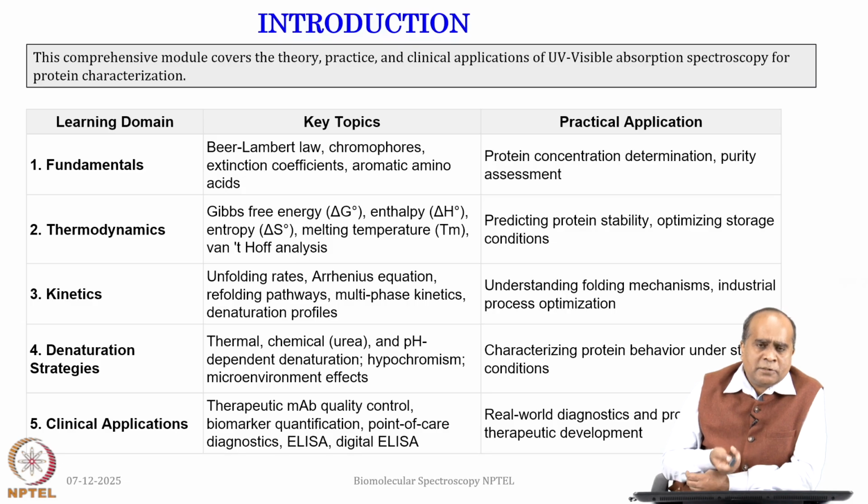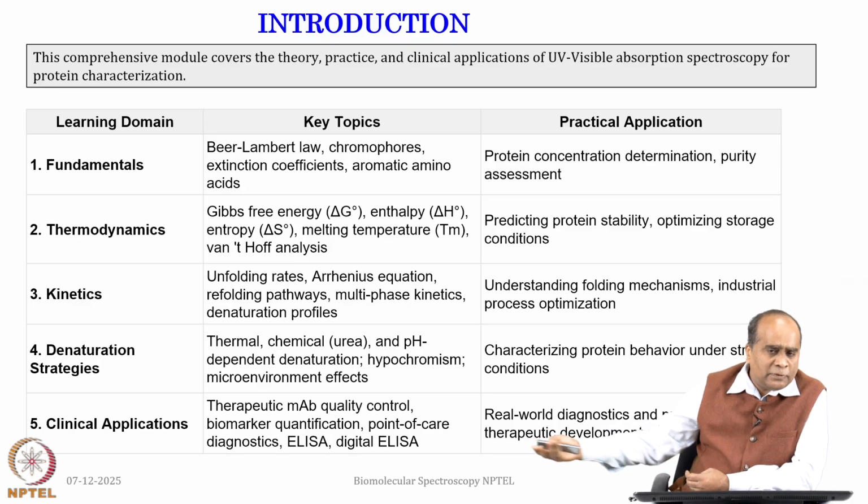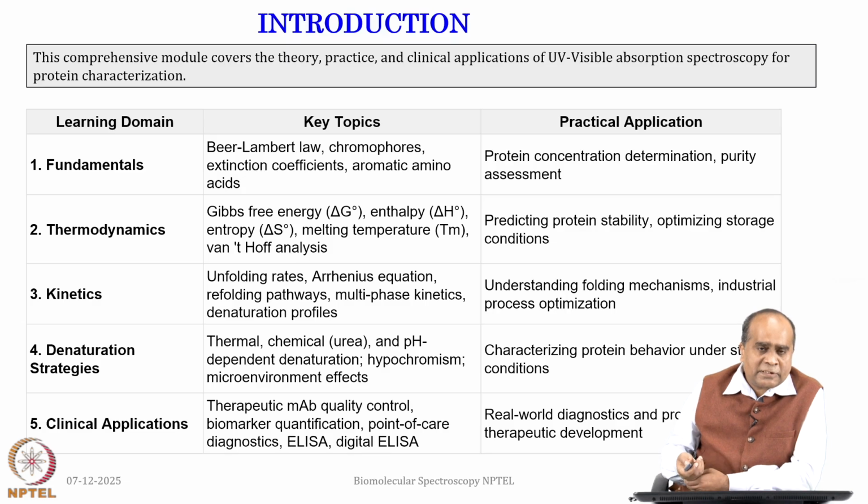Typically in our research lab, we all the time keep protein on ice to retain its activity, but in industrial application you cannot do that. So you have to have a protein which is stable at variable temperatures, higher or lower, and we also need a storage condition. What is the safer condition where we can store protein without losing its activity? Those are the practical applications of understanding the thermodynamics of protein.